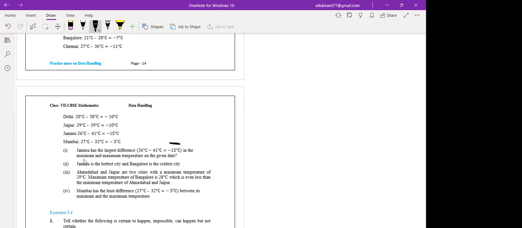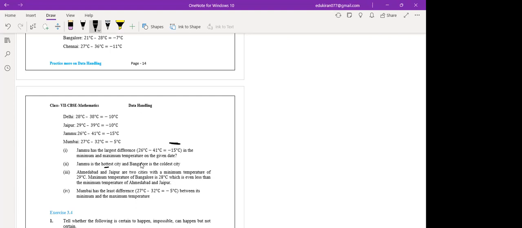And in the minimum and maximum temperature given, Jammu Kashmir is the hottest city and Bangalore is the coldest city. Ahmedabad and Jaipur are two cities with a minimum temperature of 29. Maximum temperature of Bangalore is 28, which is even less than the minimum temperature of Ahmedabad and Jaipur. Clear?